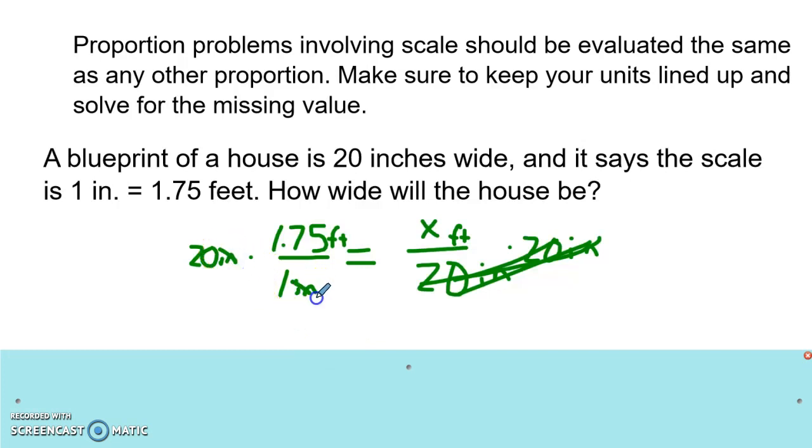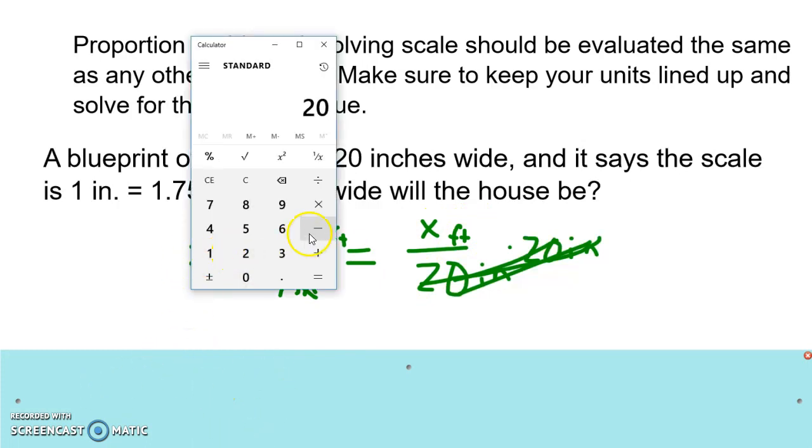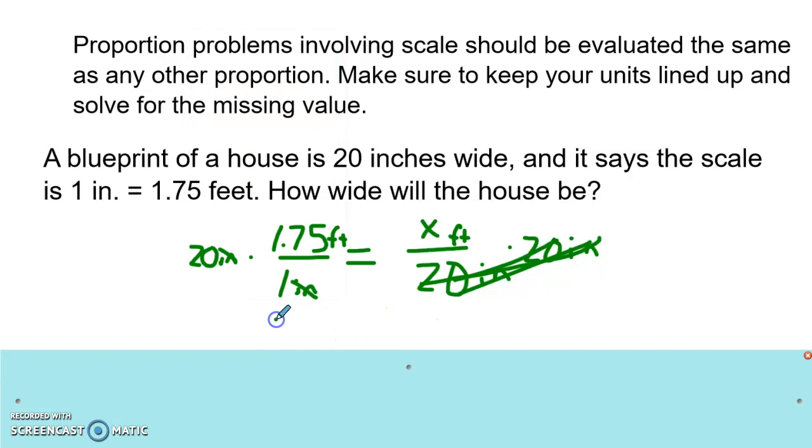So I will actually be canceling the inches, which is good because I want my ending value to end up in feet. And so now I just have 20 times 1.75 feet, which should be 35, I believe. 20 times 1.75 equals 35. All right, so 35 feet equals X. Good luck.